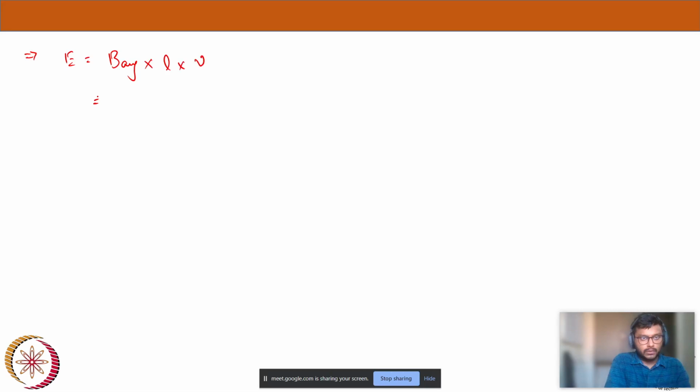Phi P by pi d L. Phi is flux per pole, P is the number of poles, pi d L, multiplied by L into V. How much is V? Pi d into n, right? Pi d is length.